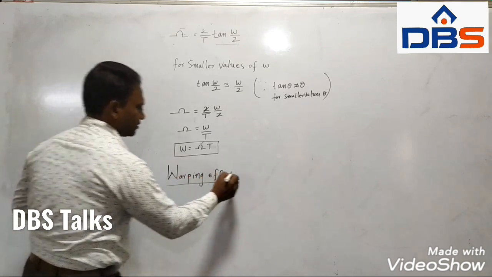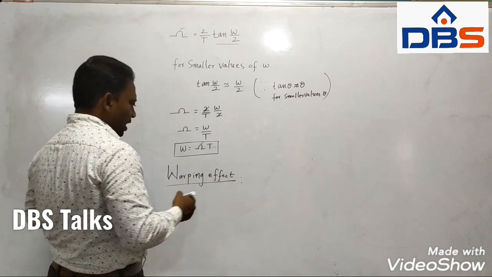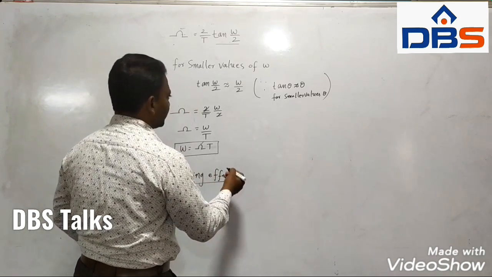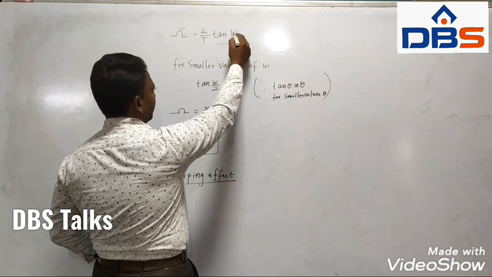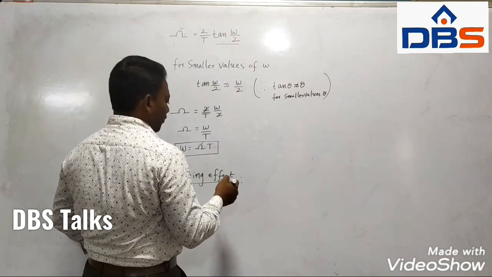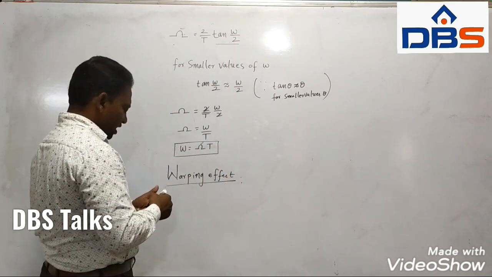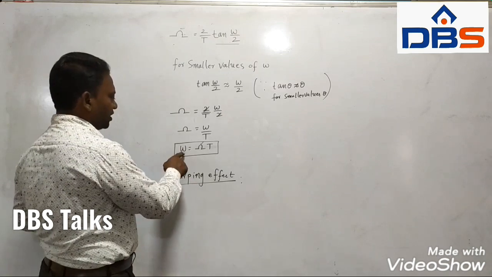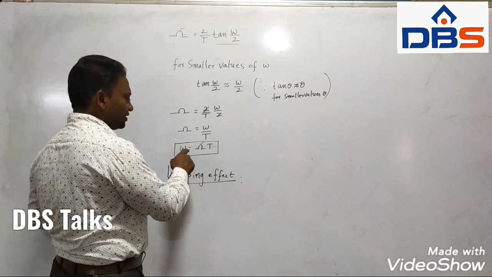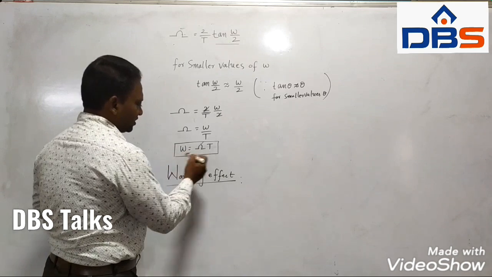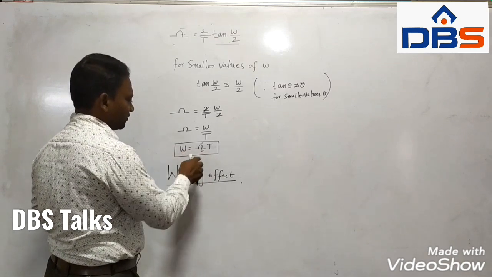Wrapping effect. What is this? At higher frequencies you will get a non-linear relationship between this analog frequency and digital frequency. This is analog frequency and this is digital frequency.